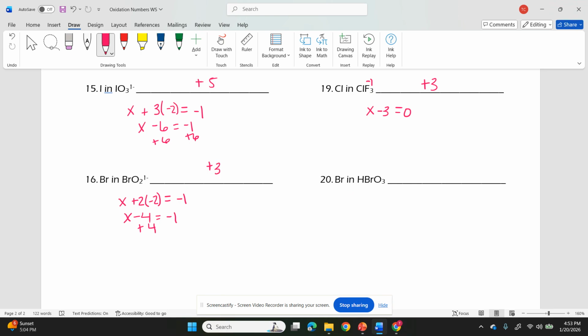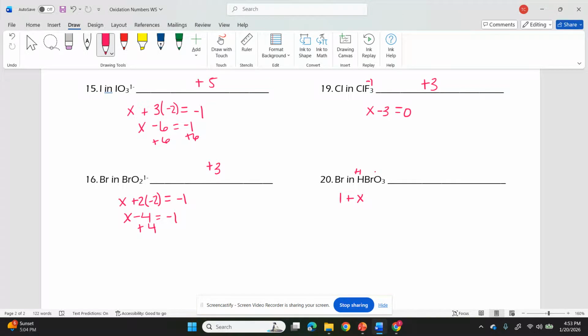And let's move on to our final one, HBrO3. Again, we're going to piece together rules here. Hydrogen has a hard and fast rule. Hydrogen's rule is that it is a -1 when bonded to a metal, but it is a +1 when it's bonded to a nonmetal, which it is. So we end up getting 1 plus x, because I don't know my bromine, since even though it's a halogen, oxygen has a rule that must be applied.